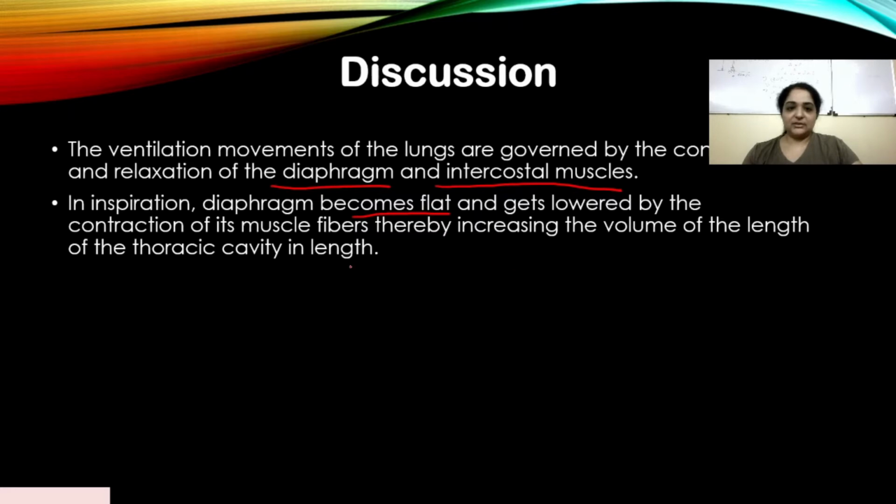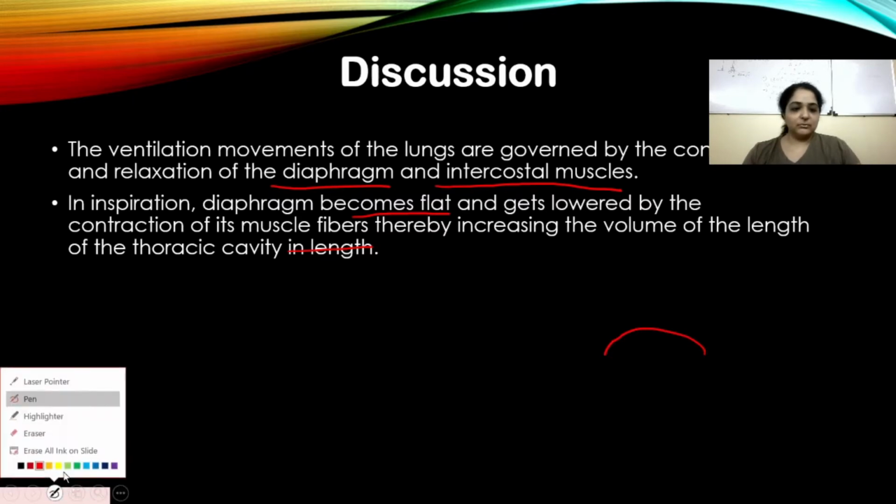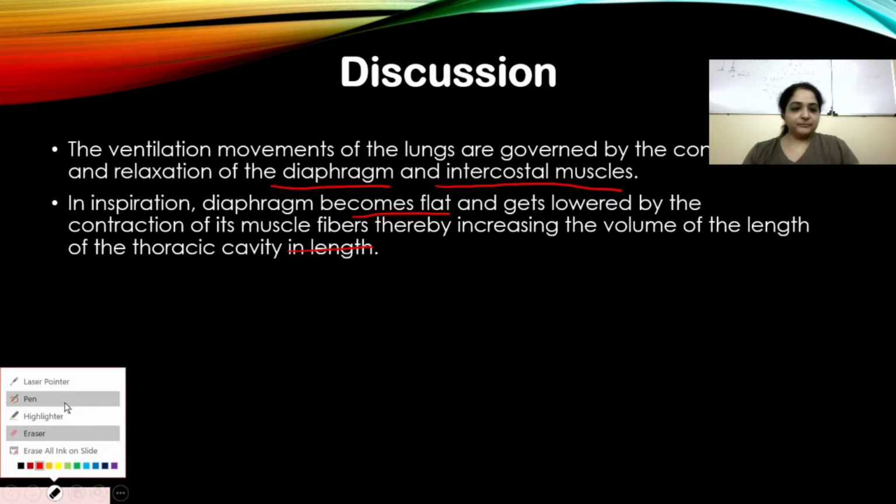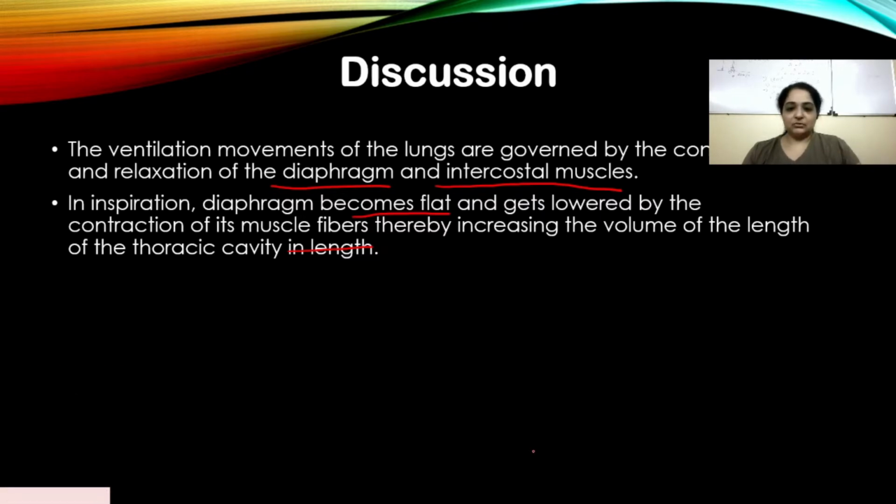The diaphragm becomes flat and gets lowered by the contraction of its muscle fibers, thereby increasing the length of the thoracic cavity. That means if you have the diaphragm here, again I will draw a bigger picture. So you have the diaphragm here, this is below, and I'll just draw box shaped lungs, just to help you understand.